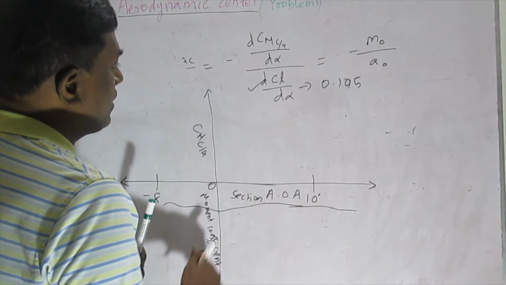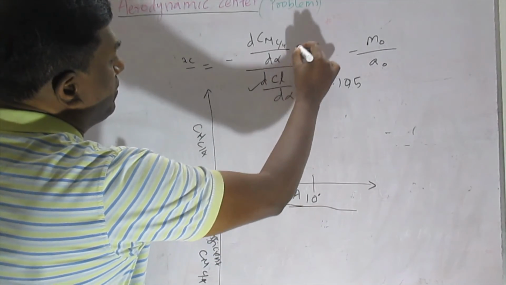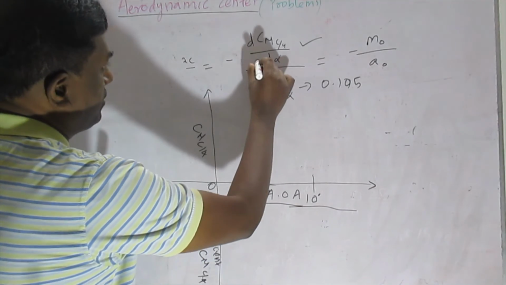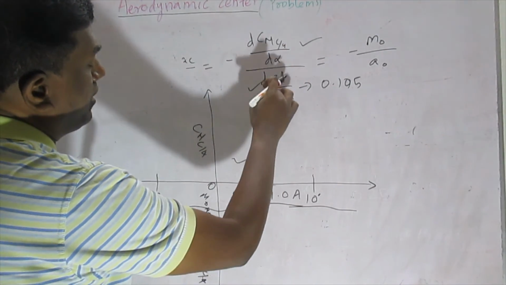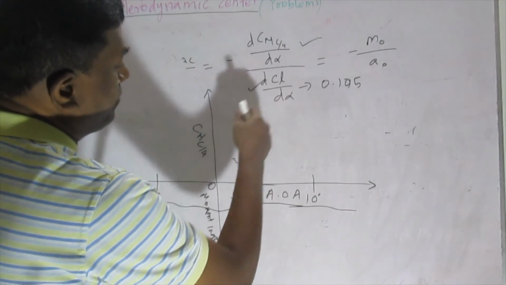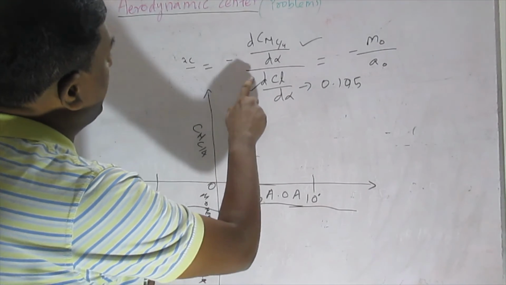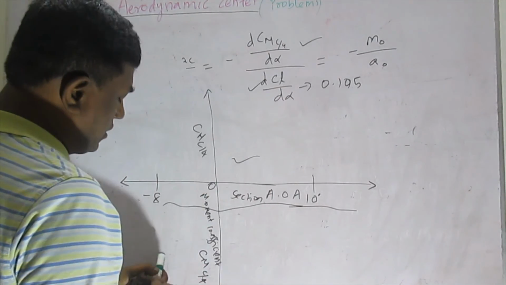From this only we got dCM at the quarter chord point divided by d alpha. This graph helps us find this value, and this value we saw in our previous graph. So this is how we got the values of these two, and finally we got the answer.